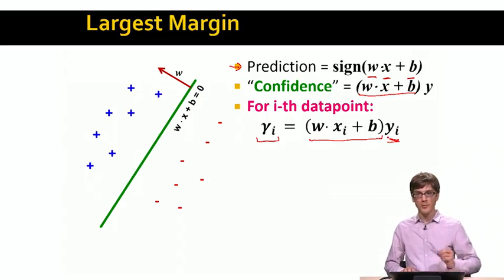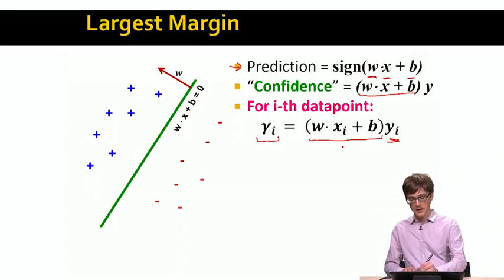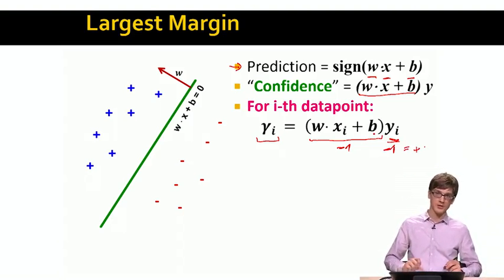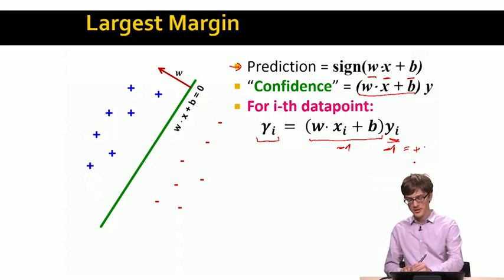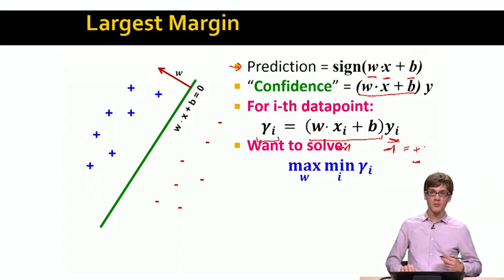The reason we multiply by yi is very simple: if our confidence is negative and the class is really negative, our overall confidence will be positive. If the two parts of this expression have mismatching signs, then our confidence will be negative, which means we made a misclassification.